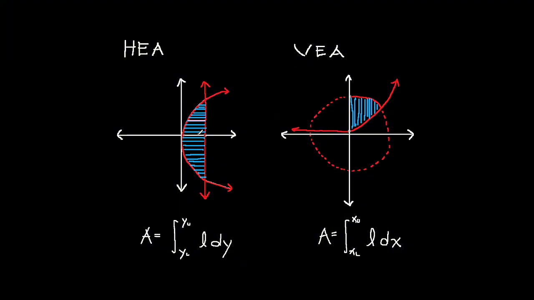So this is just a visualization kung paano mo siya ma-identify if you are going to draw or sketch the graph. And as you can see, I also included the formulas kung HEA ang gagamitin nyo or VEA. And I want you to look at this formula muna. Since HEA yung gagamitin natin, your lower and upper limits sa integral should be right here.